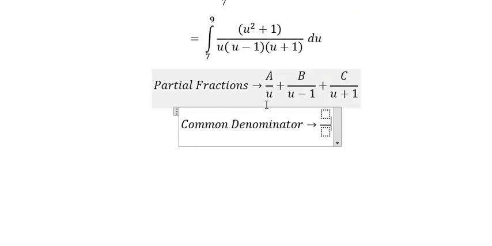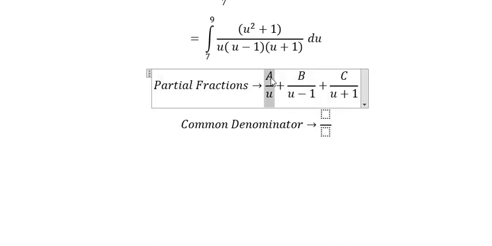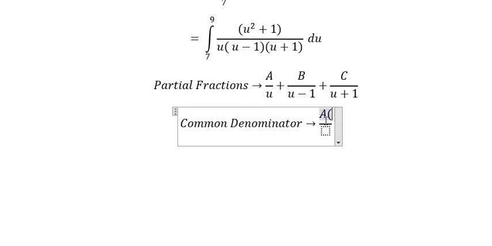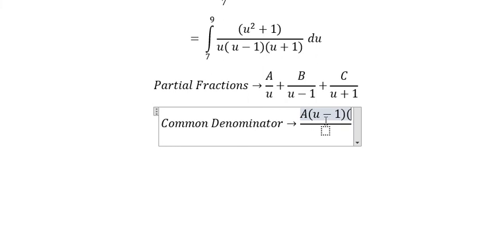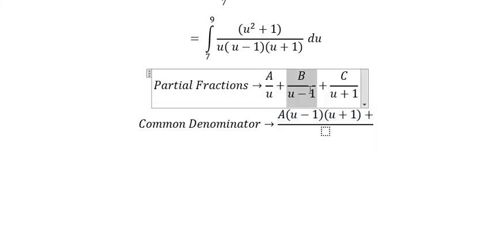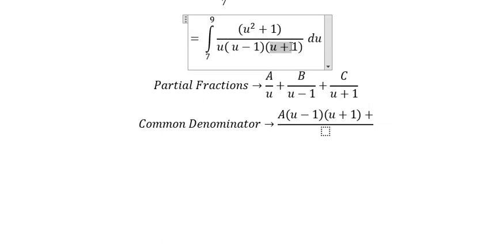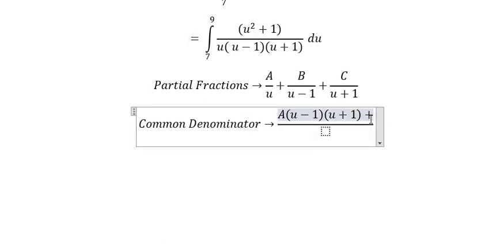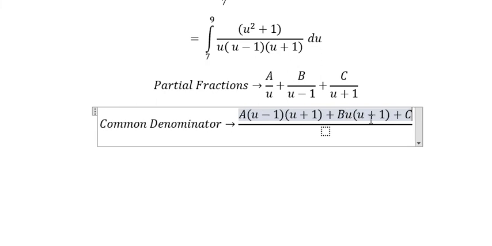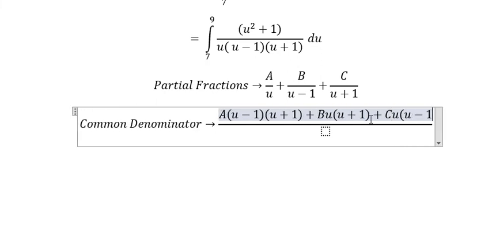So about this one, it is missing u minus 1, u plus 1. So capital A multiplied by u minus 1, u plus 1. About this one, it is missing u and u plus 1. So capital B multiplied by u and u plus 1. About this one, we have u and u minus 1.